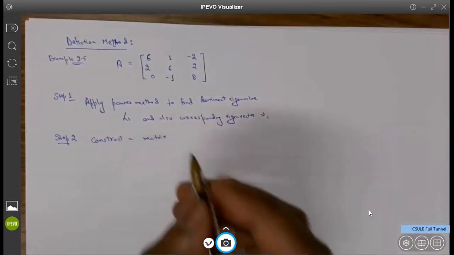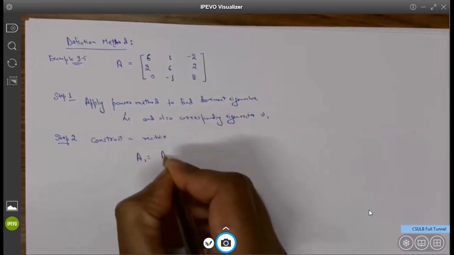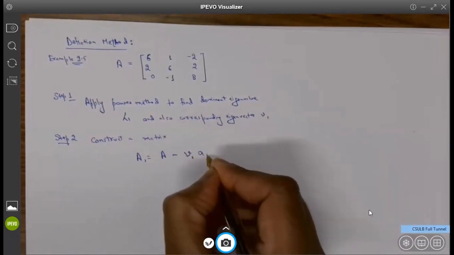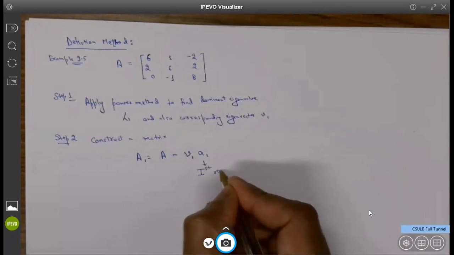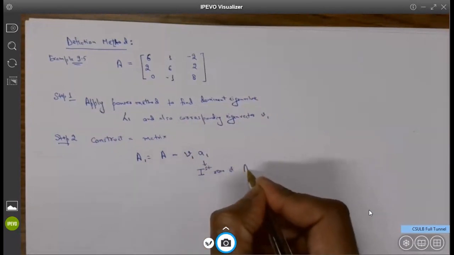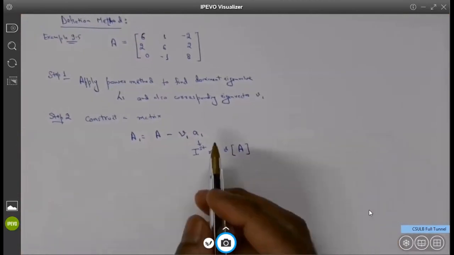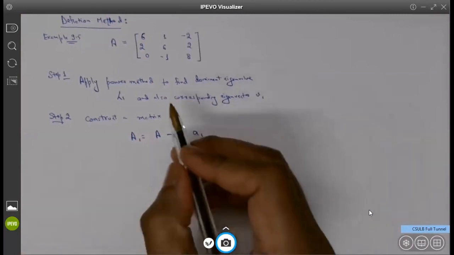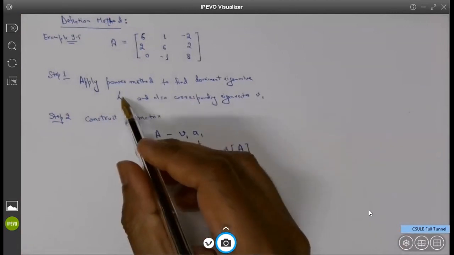Thereafter, in step 2, construct a new matrix A1, which is given by A minus V1 A1, where A1 is the first row of matrix A. Let me ask you to go back to your notes and see what eigenvector we determined for lambda 1.